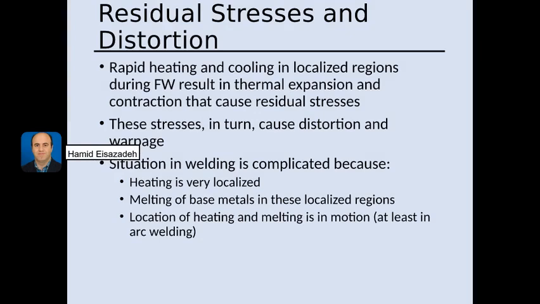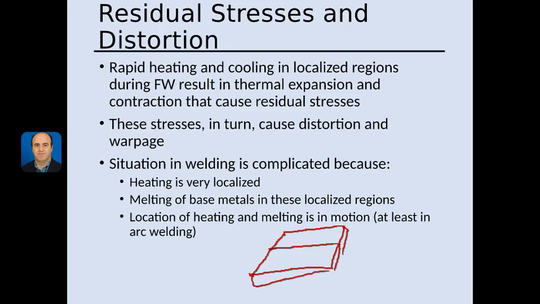One of the problems that we see in welding processes is the residual stress and distortion. Residual stress is the amount and type of stress that is going to be left after the process. So if it is a weld sample, we have a high amount of stress in this area near the weld interface, and it is in tensile mode.